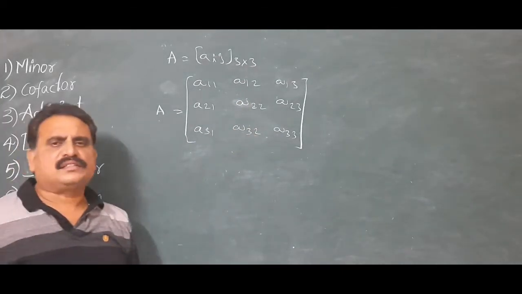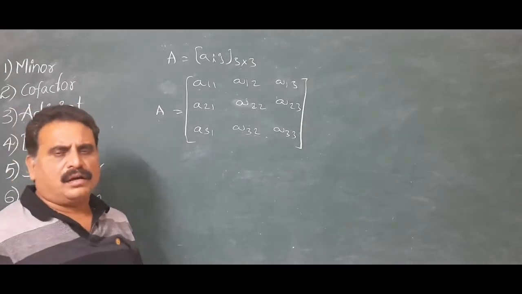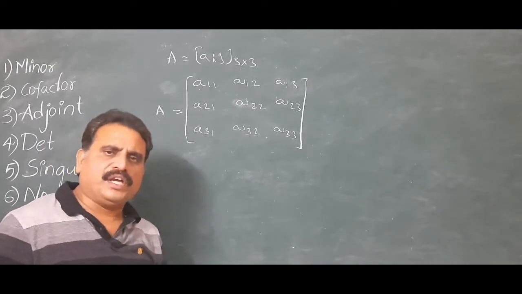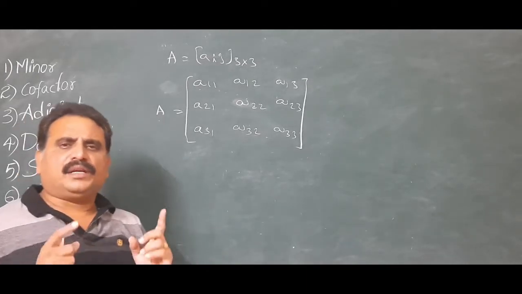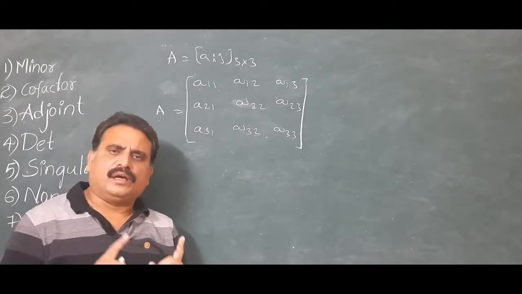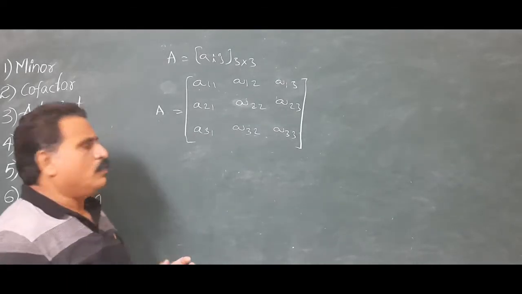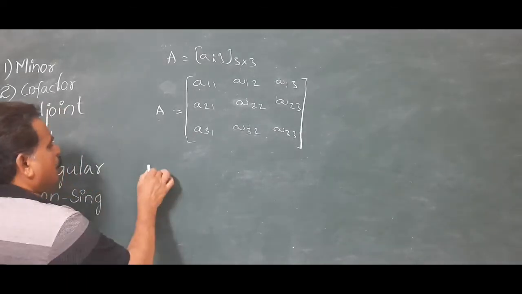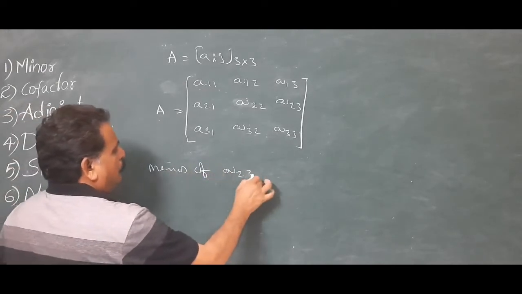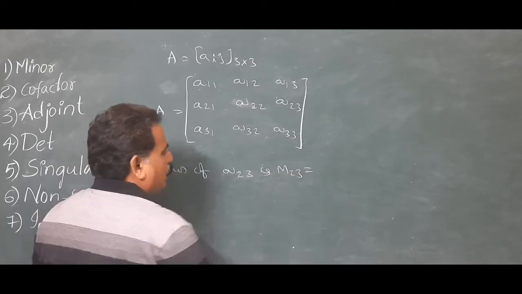Now we discuss the minor of each and every element. The minor of Aij is denoted by capital Mij. That is the determinant of the 2 by 2 matrix obtained by eliminating the ith row and jth column. For example, the minor of A23 is denoted by capital M23.